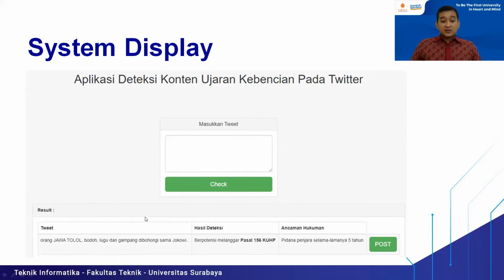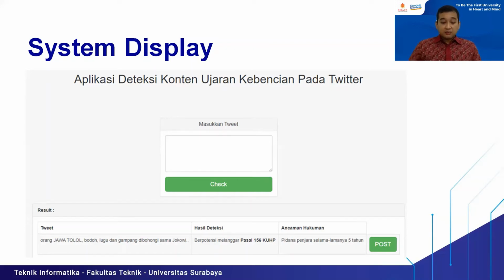The prediction results are displayed in 3 columns. The first column contains the inputted tweet, the second column contains the detection result, and the last column contains the maximum punishment a user can receive if the tweet contains hate speech content.